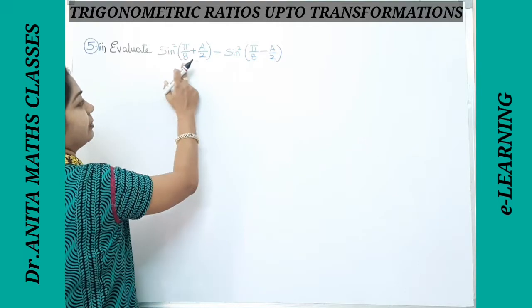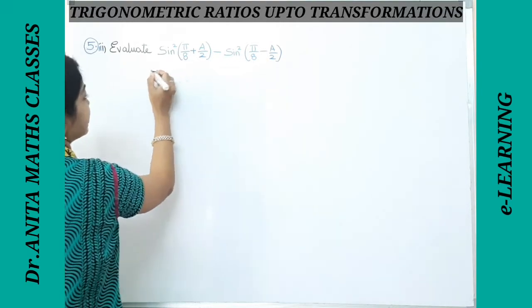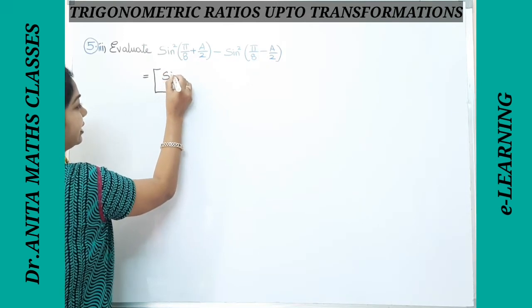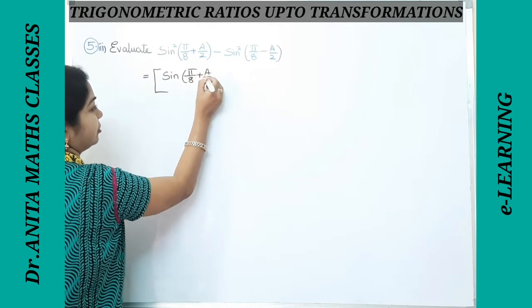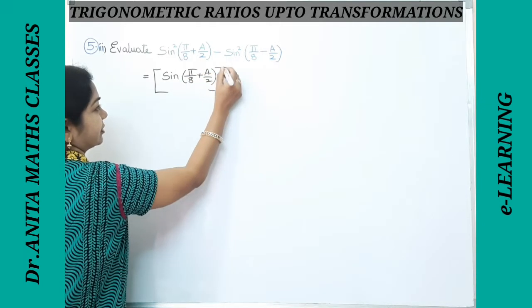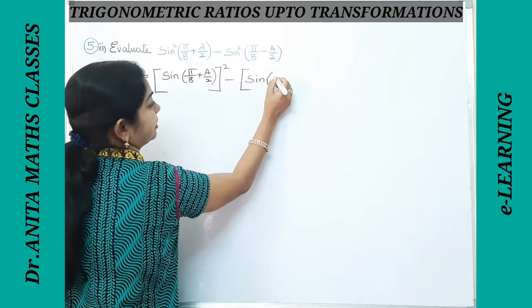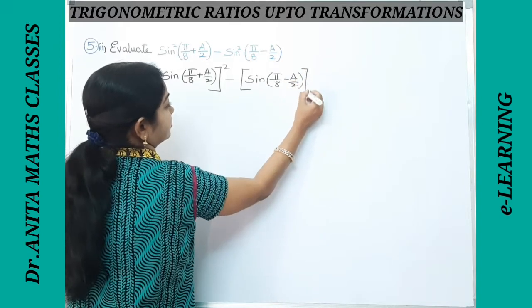Here sin of a plus b and sin of a minus b, we will expand it and we will square it simply. So if you expand here, let me take sin of pi by 8 plus a by 2 whole square, right, minus of sin of pi by 8 minus a by 2 whole square.